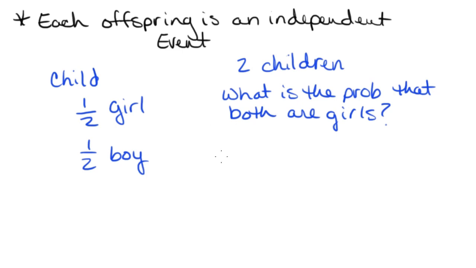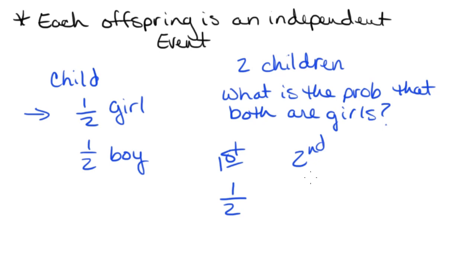So what we would do is look at the first child first. We would say, okay, what is the probability that this first child is going to be a girl? And we just looked over here and said the probability that a child is going to be a girl is really just a half. And so that's the probability of our event A. And then if we wanted to say, okay, what is the probability that the second one is going to be a girl?